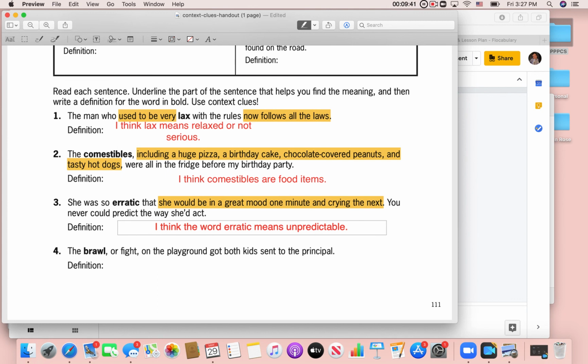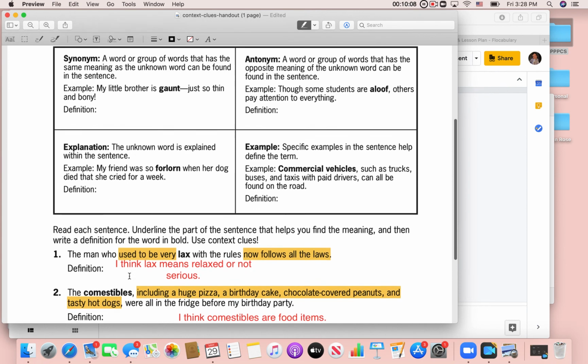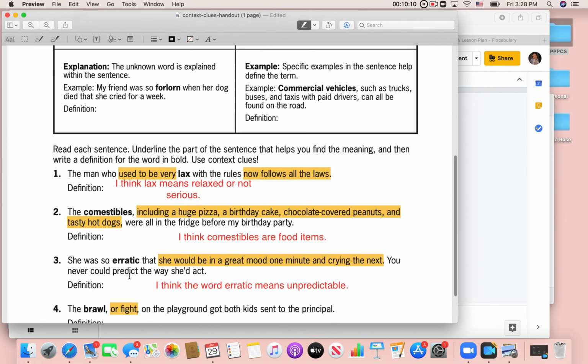The brawl or fight on the playground got both kids sent to the principal. So using the context clues, what do you think the word brawl means? Looking at this sentence, we have what we call a definition context clue or explanation.